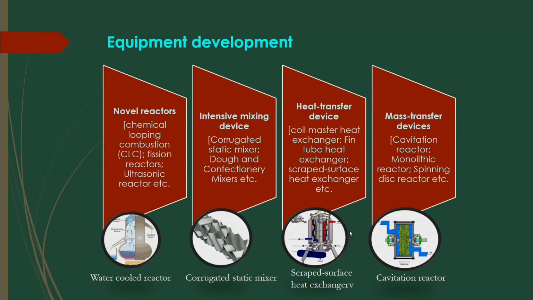In that case you can mix the solid in a homogeneous manner based on different flow patterns. Other intensified devices like corrugated static mixer, Kenics mixers, these are some examples of intensified equipment or mixing devices that are commercially used.